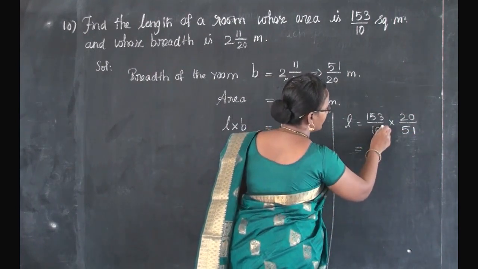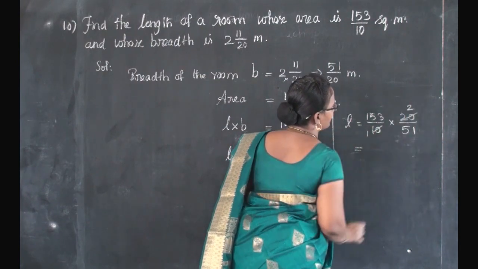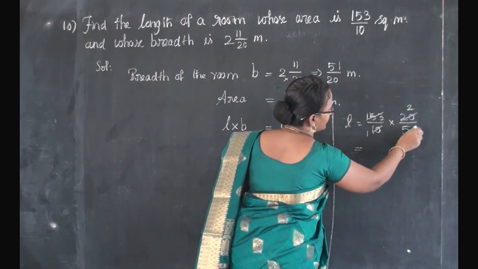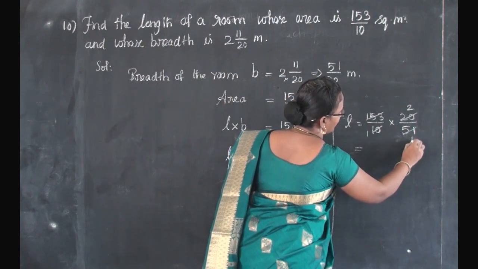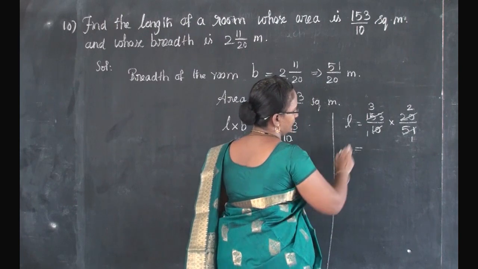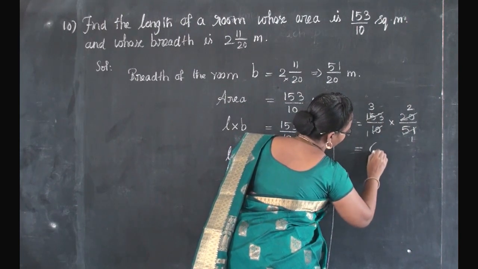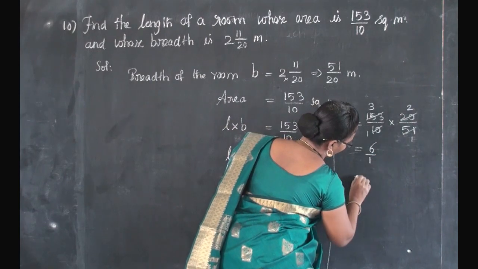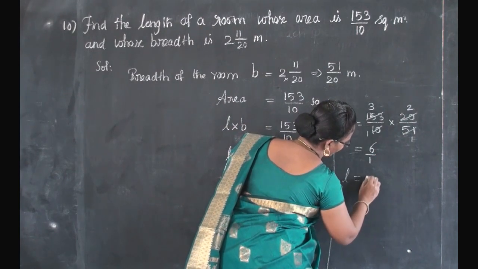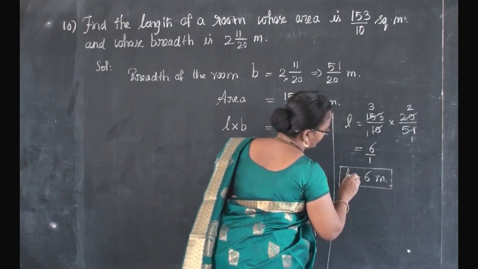So cancel the numbers by 10. 1 tens are 10, 2 tens are 20. Here 51 ones are 51, 51 threes are 153. So multiply the numerator with numerator. So 3 twos are 6 by 1. So here length is equal to 6 meter. That is the answer.